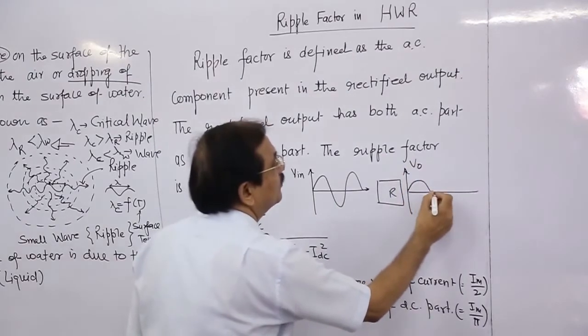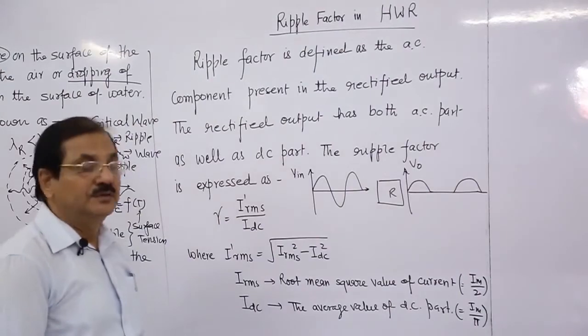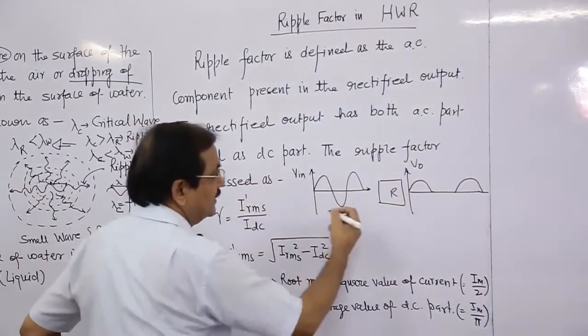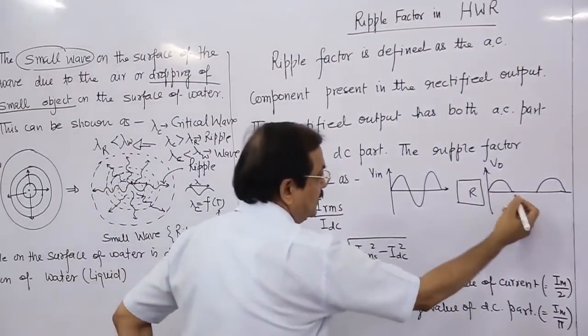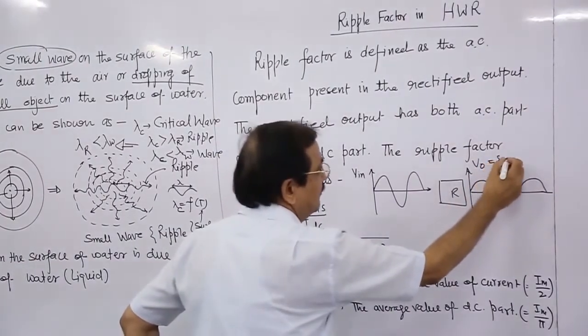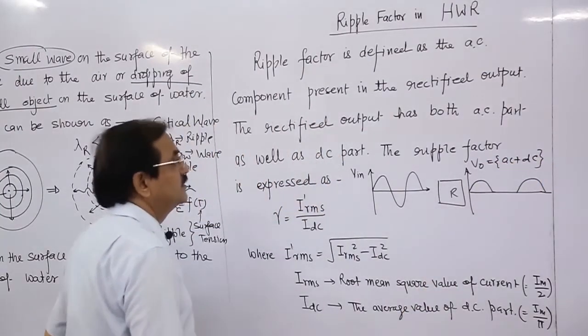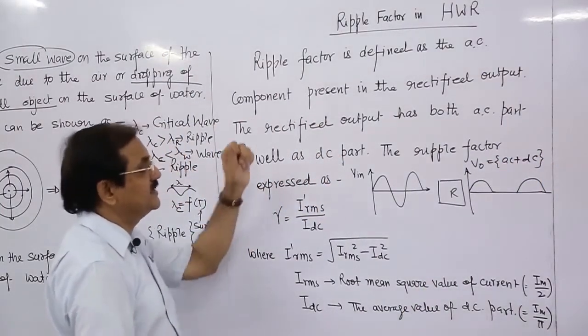This V output is something like this. This V output is the sum of AC component plus DC component.